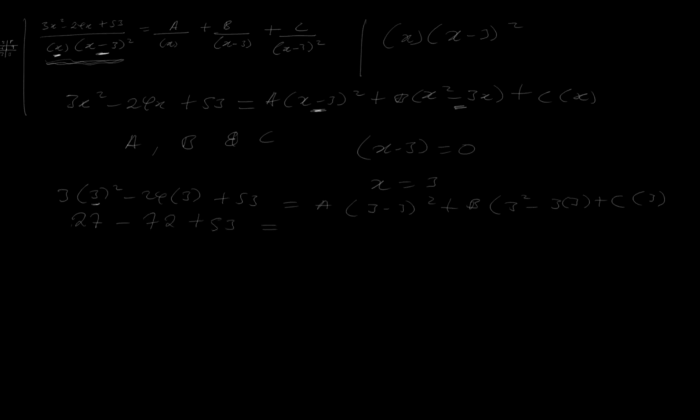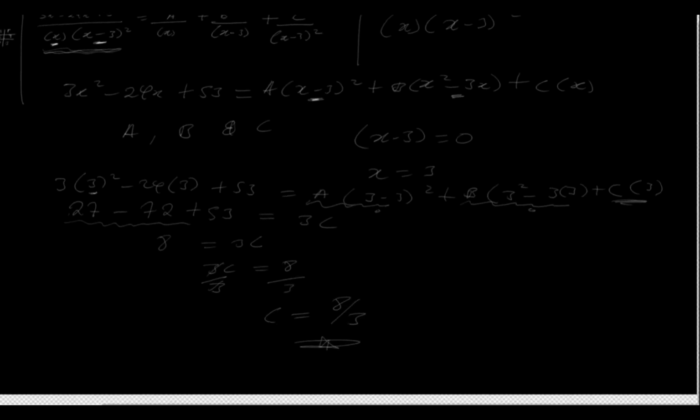This will be equal to, here you get a 0, here you also get a 0. Then you just end up having 3c. Now if you simplify this side, 27 minus 72, then add 53, you end up having 8. And this will be equal to 3c. So in short, 3c is equal to 8. We're interested in c and not 3c, so divide both sides by 3. The value of c is equal to 8 over 3.